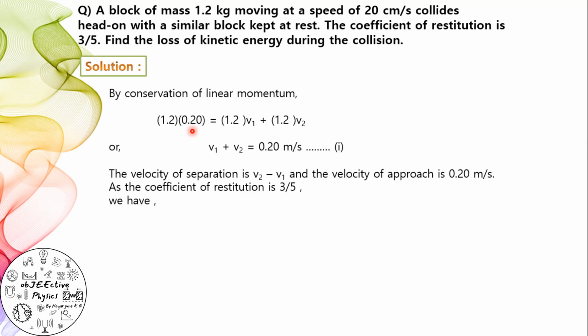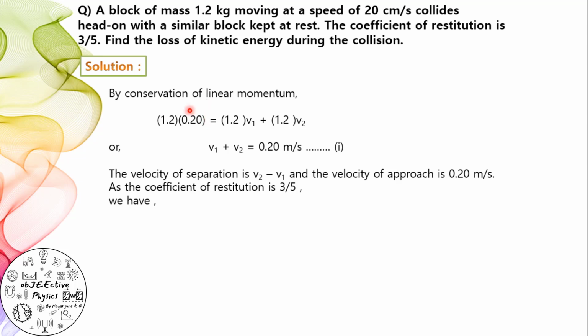See here, initially a block of mass 1.2 kg moving at a speed of 20 cm per second collides head on with a similar block kept at rest. Like the previous question, the second body was initially at rest.